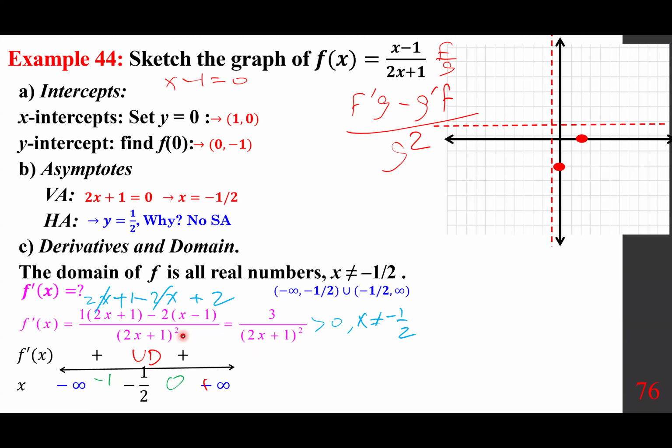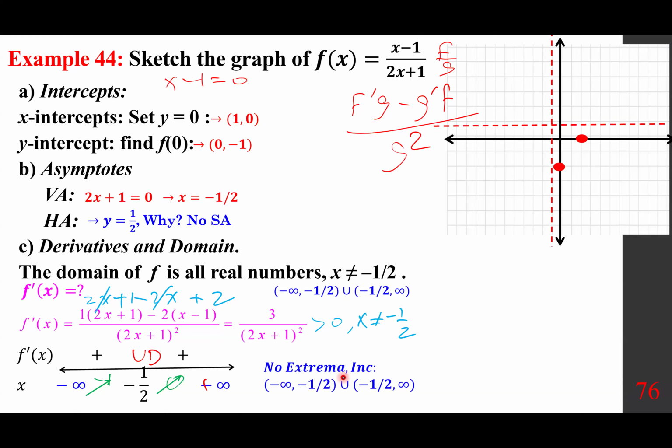And what it means is it's always increasing. There is no extrema, there is no local max, local min. And so it's always positive, the arrows up. So how do you write that?